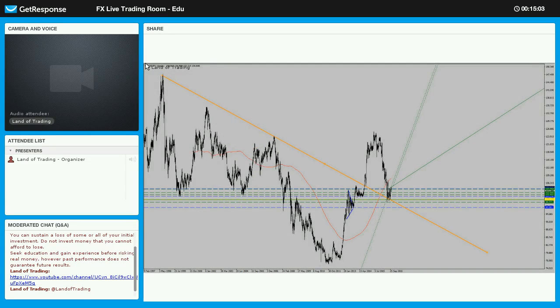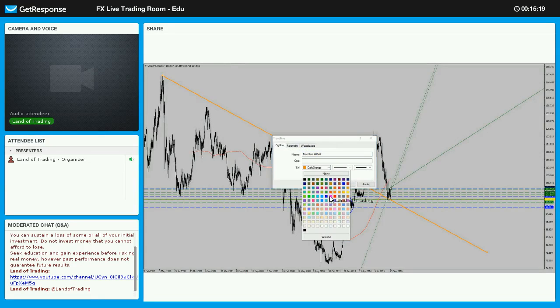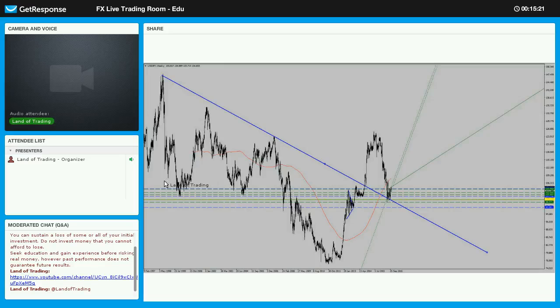A few weeks ago, when everyone was so bearish and we were so close to 100, I mentioned this trend line on the weekly chart, the blue one. I mentioned this falling trend line.